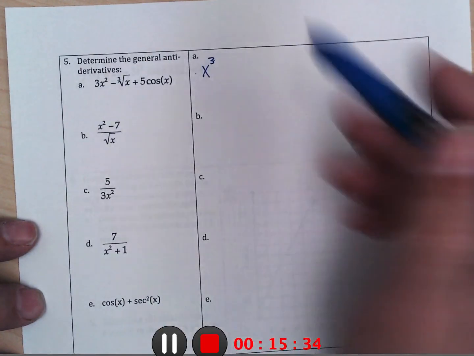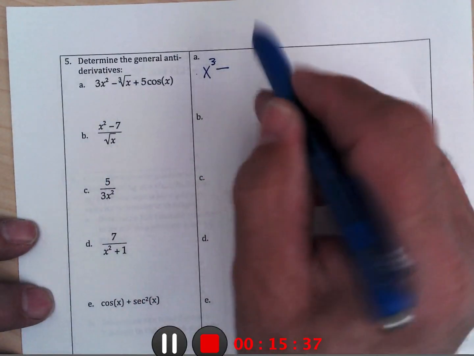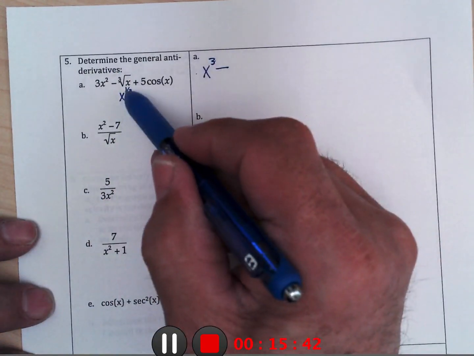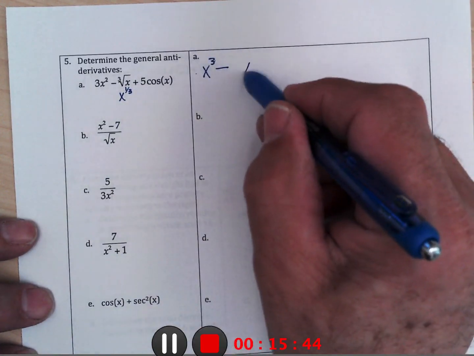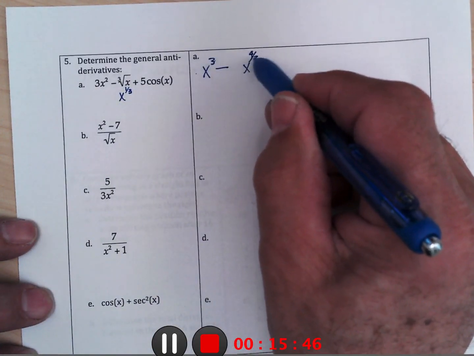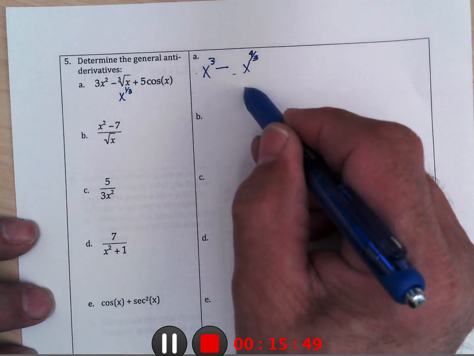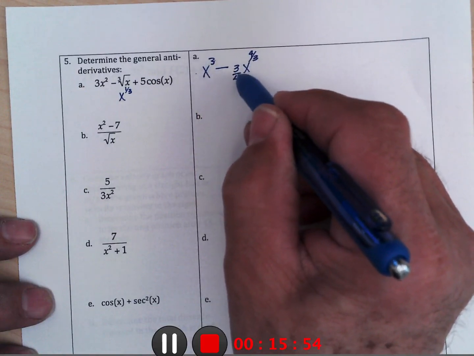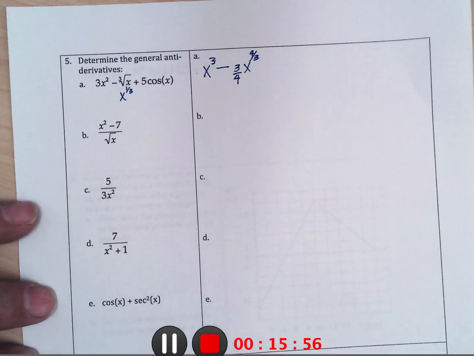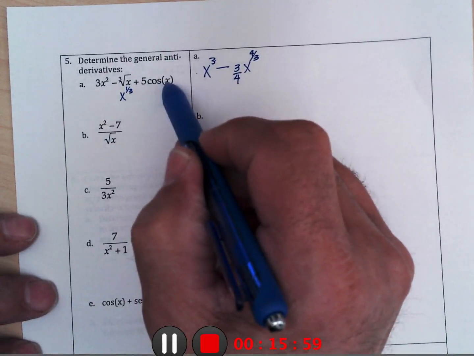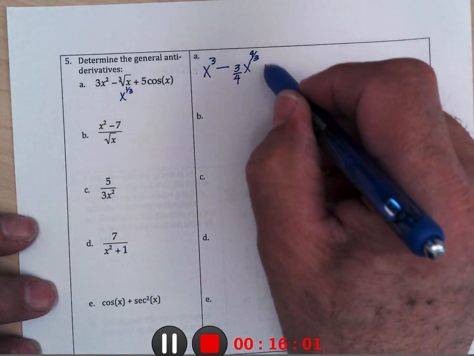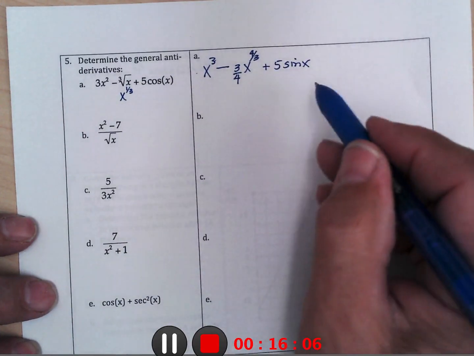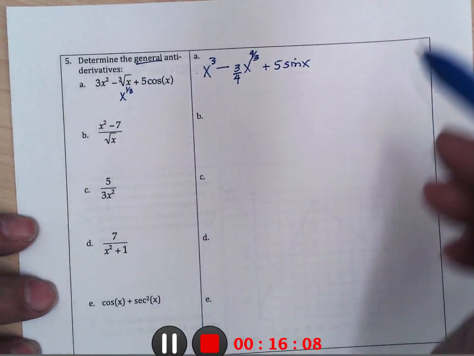And then it's minus, and then this is x to the 1/3, so if I increase that by 1, it becomes x to the 4/3, and I have to divide by 4/3, which means multiply by 3/4. And cosine is the derivative of sine, so this is going to be plus 5 sine of x. And since they want the general antiderivative, I have to go plus c.